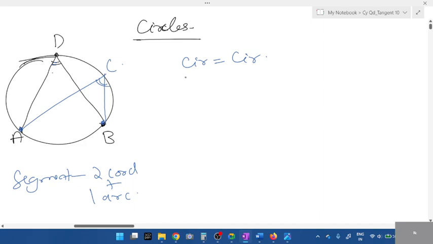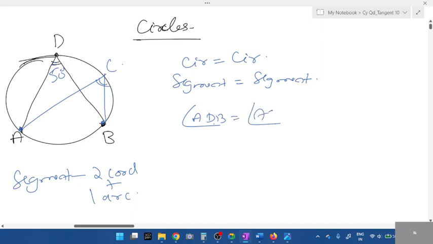So this is not circumference, this is actually a segment. Both are segments. So if this is 50 degrees, you're supposed to write angle ADB is equal to angle ACB. Both are equal to 50 degrees.